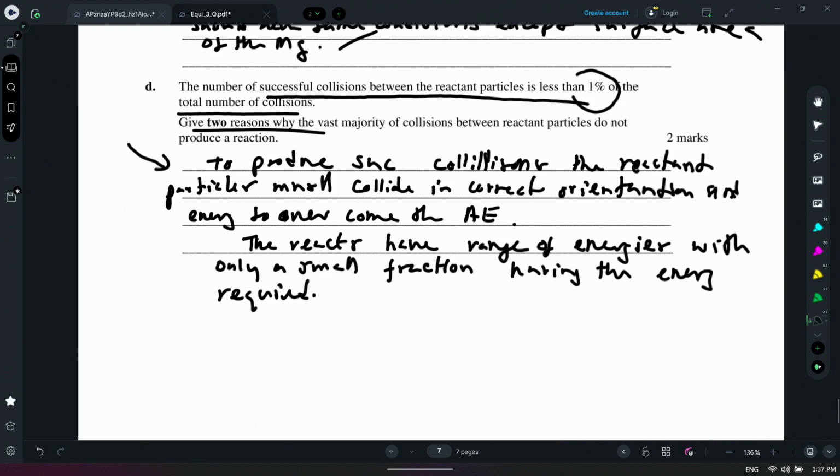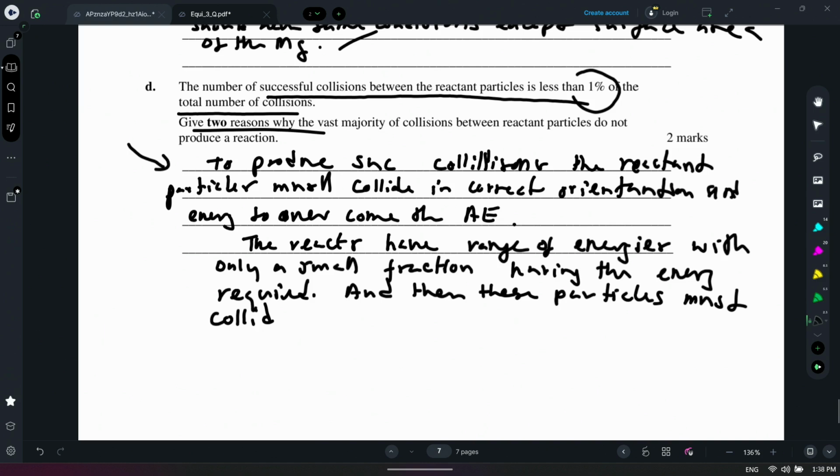Oh, we could mention something else as well. Not just the energy, these particles must collide. I mean, you have to mention this as well. It's only a small fraction of the particles that will have energy higher than the activation energy.